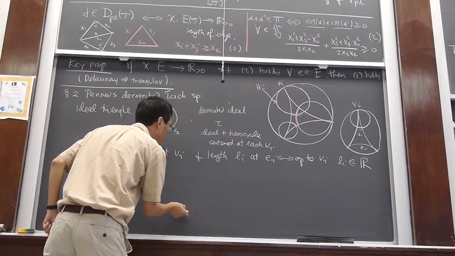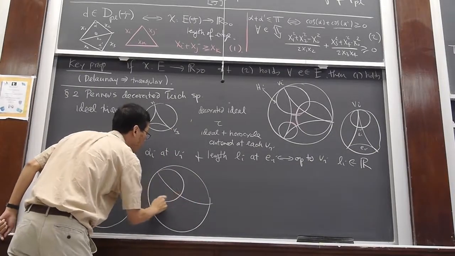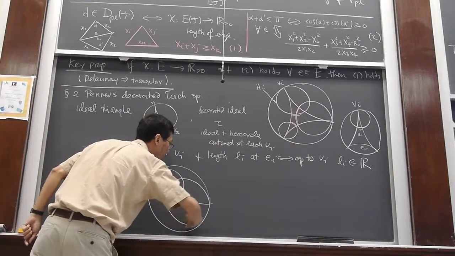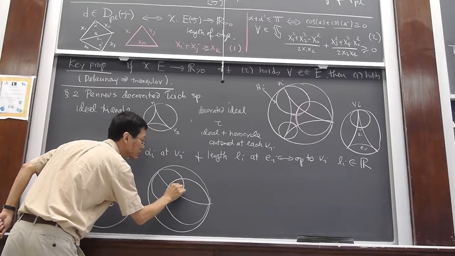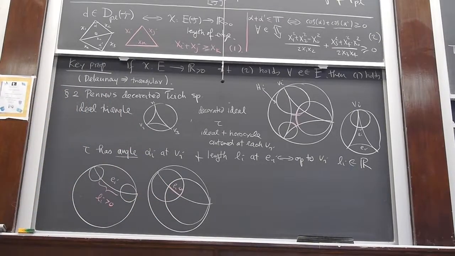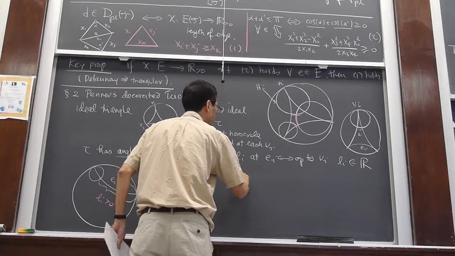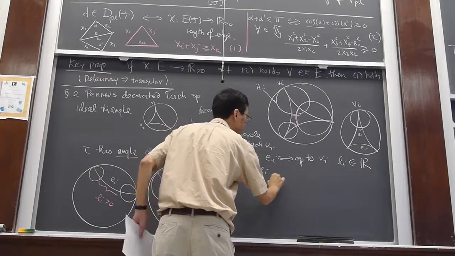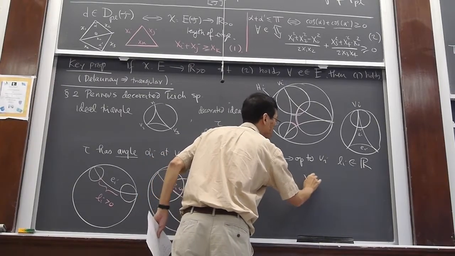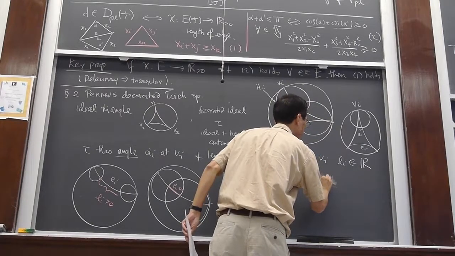And if the horocycles intersect, then the length is the negative of the distance, so l_i is negative. That's a definition by Penner. And Penner calls e to the half of l_i, which is now a positive number, the lambda length.